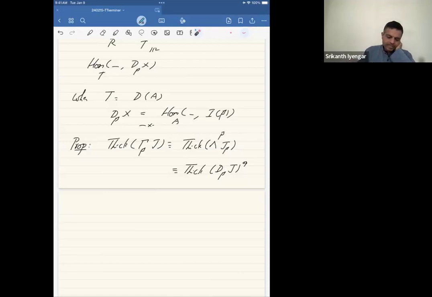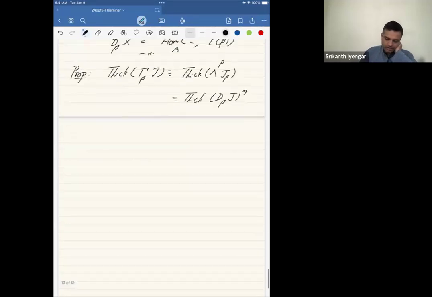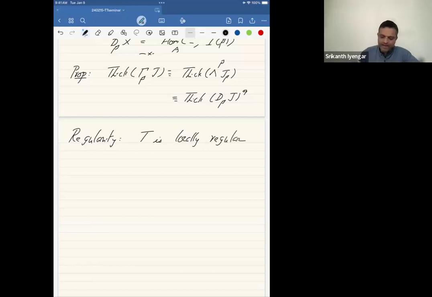Okay. So with this on hand, I can introduce the notion of regularity. We say that T is regular, or maybe I should say locally regular, to emphasize that we are talking about a property that is defined locally, as a definition, means that this has a strong generator.